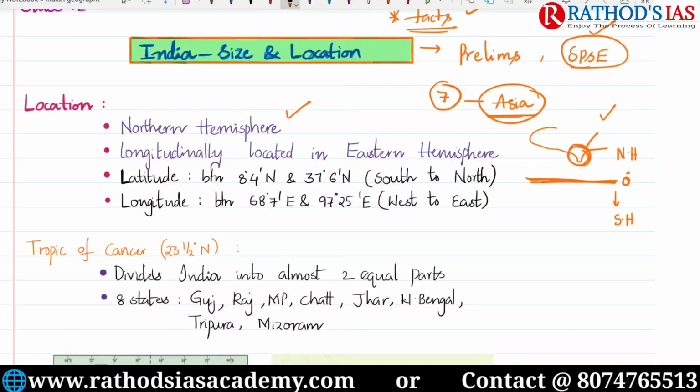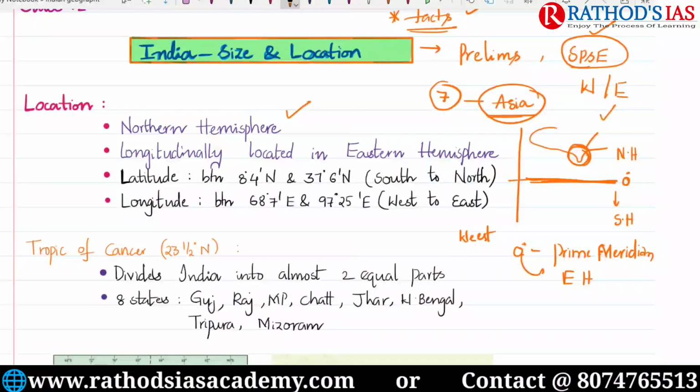We can also see whether it comes under the western or eastern hemisphere. In the same way, we have 0 degree longitude, which is also called the prime meridian. Towards the east of the prime meridian is the eastern hemisphere, and towards the west is the western hemisphere.